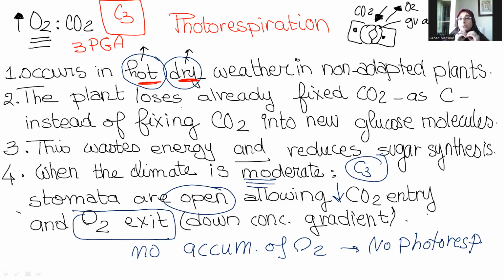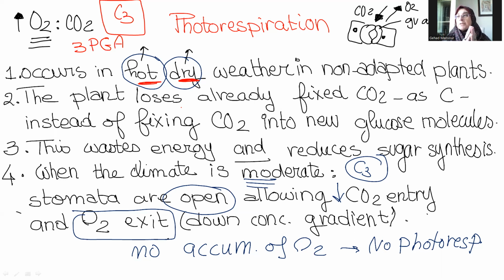Why are they doing this? Because they are in hot, dry weather, and there is the risk of too much evaporation, not only from the stomata, but from the surface of the epidermis in between the stomata. The underlying tissues would suffer from dryness, so they minimize evaporation.